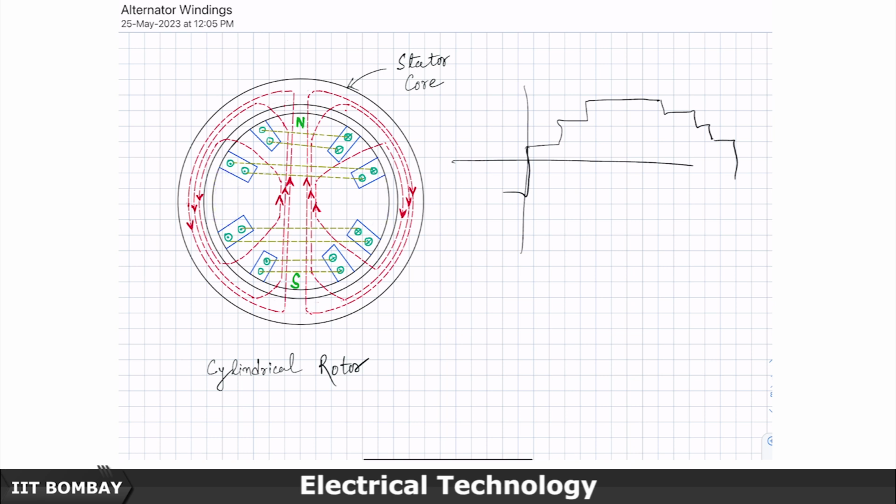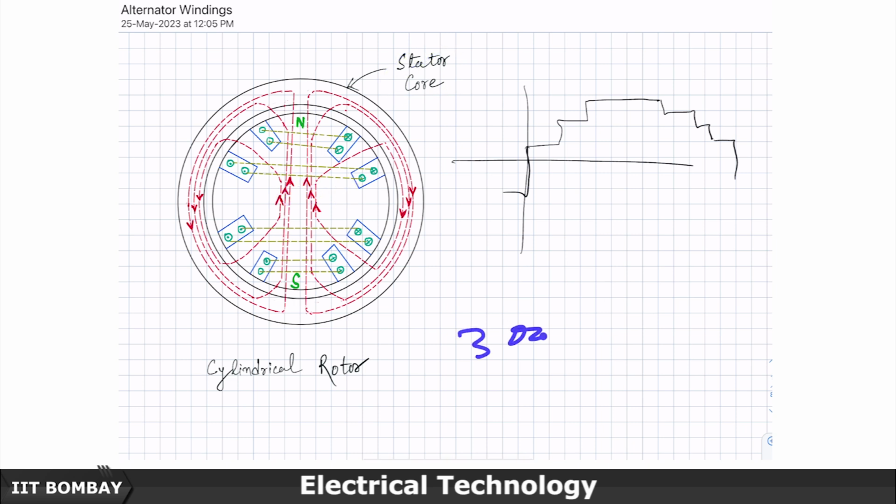That figure has not come out that well, but the flux lines are like this. This is the north and the south, and you will get again a sinusoidal or a stepped waveform which can be approximated by a sinusoid, as we have discussed in the earlier classes. And this is your stator core, this is the rotating magnet.